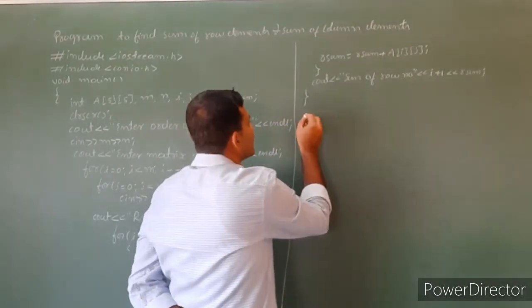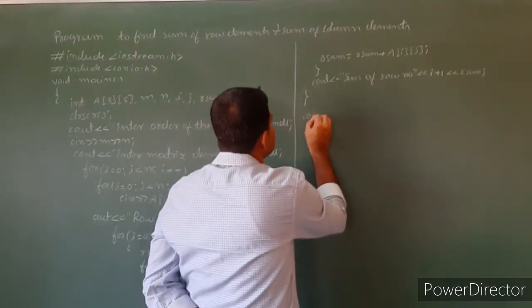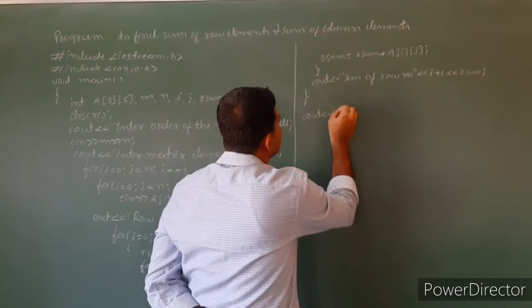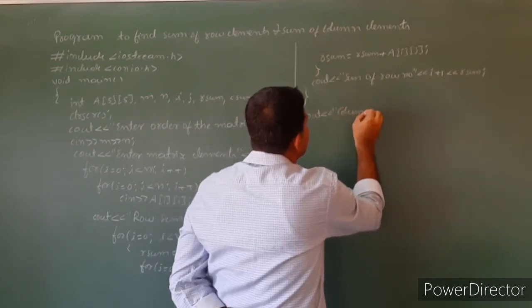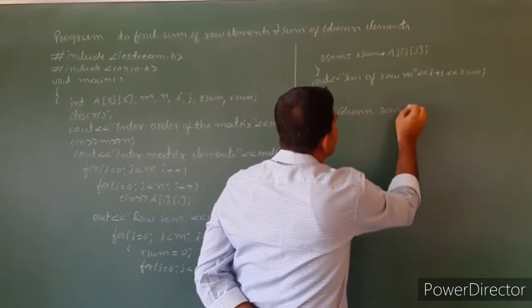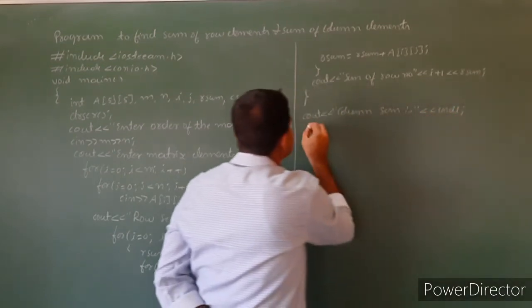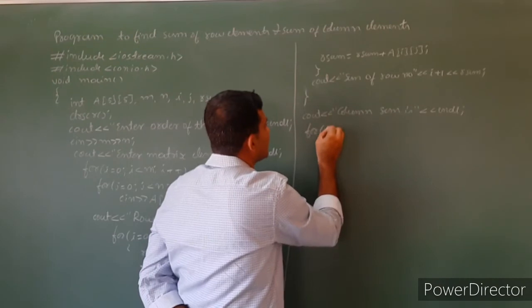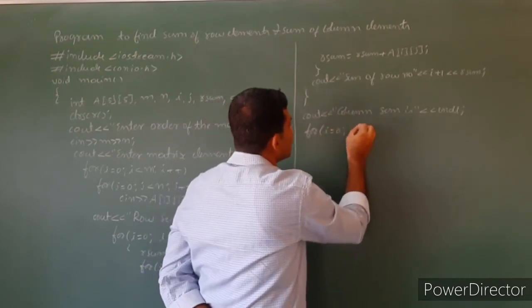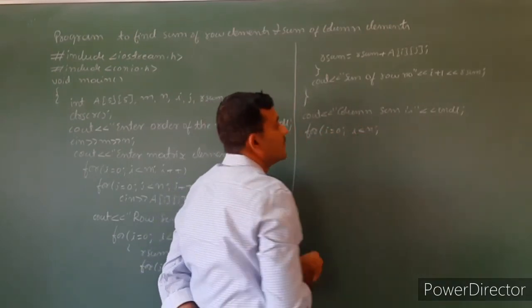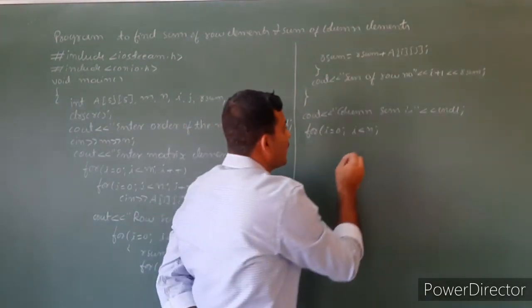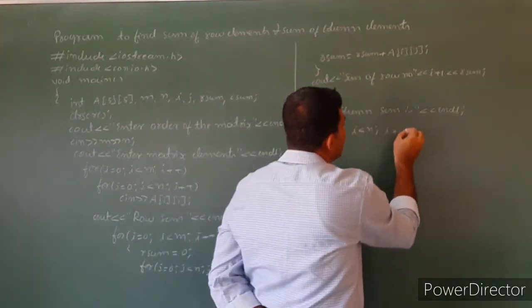Then to find the column sum, again insert a message, column sum is. Access the elements: for i equals 0, here interchange the order. For the i, give the n value, order n.